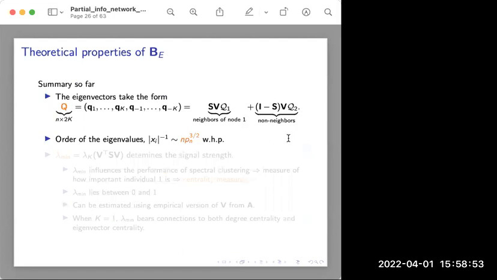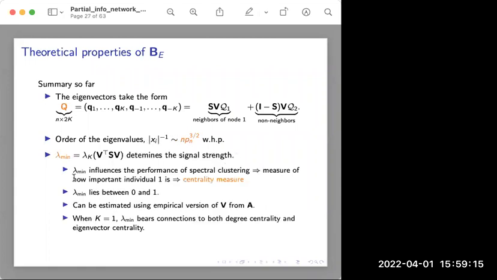So just a quick summary of what the spectral properties I have shown you so far tell us. First, we have now constructed the form of the eigenvectors of the BE matrix, the main signal matrix, and it has two parts, the neighbor part and the non-neighbor part. We have also derived the order of the eigenvalues, and it's of this particular order. And finally, let's call the minimum eigenvalue of this quantity lambda min.